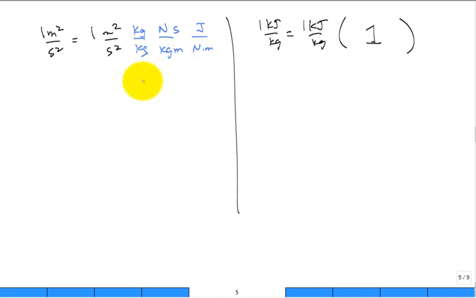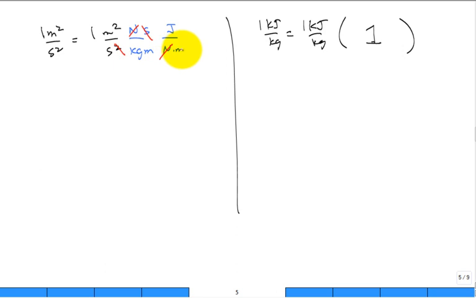Let's cancel some terms. So I know this is ridiculous that I put a kilogram over kilogram. That was a little overkill, wasn't it? So let's just do it like that. Cancel some terms here. The newtons cancel the newtons. And we're going to cancel one of the seconds.